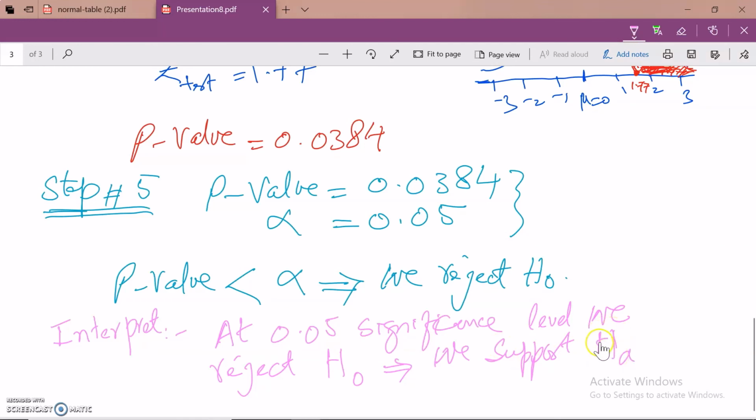I hope you remember that whenever the p-value is less than alpha, we reject H naught. So at a 5% significance level, we reject the null hypothesis, and whenever we reject the null hypothesis, as a result, we have enough evidence to support the alternative hypothesis.